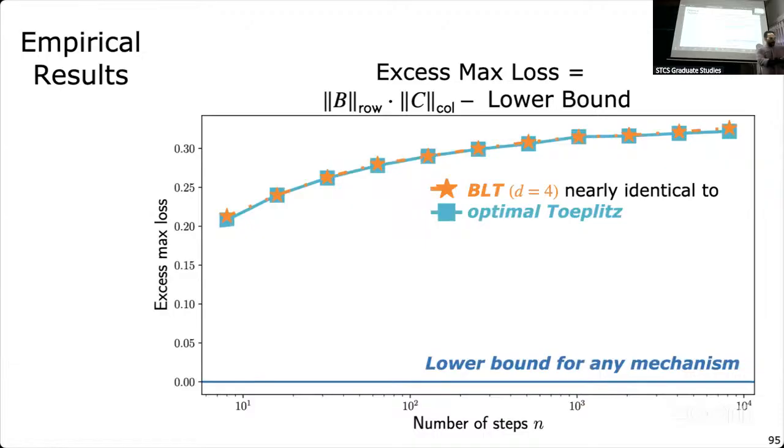Okay, so here's the empirical result. For the coefficients that we get with 4 buffers optimized to get the best max loss, we find that it's basically indistinguishable empirically from using the optimal coefficients.